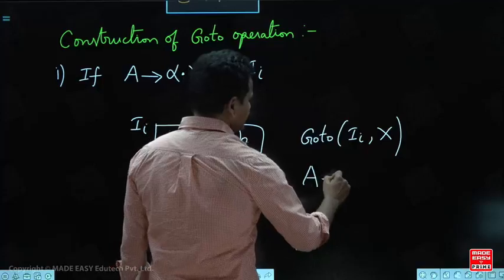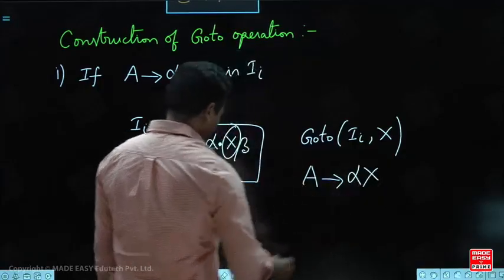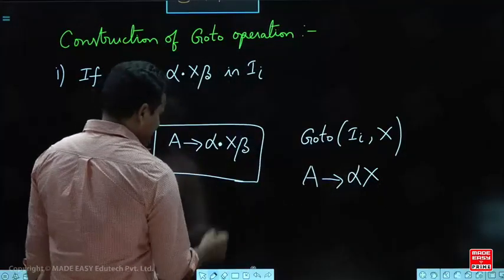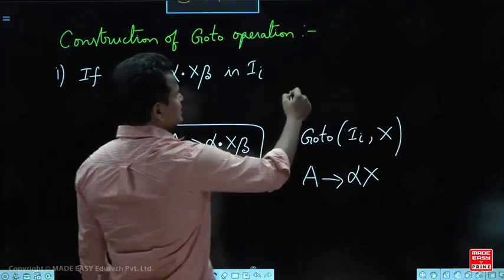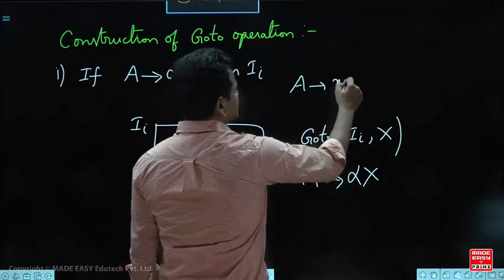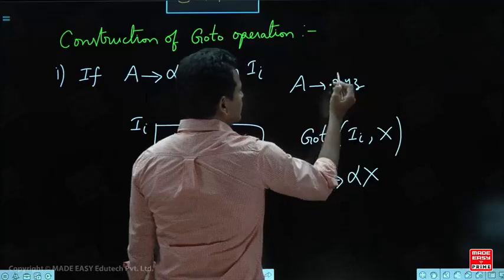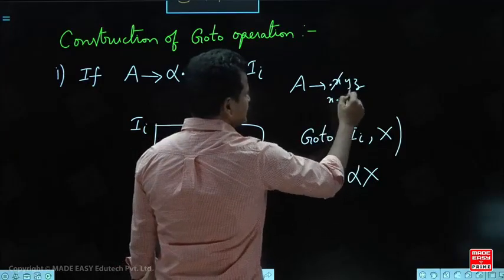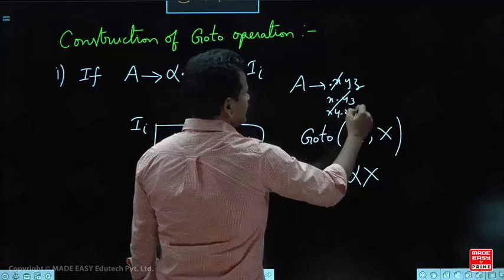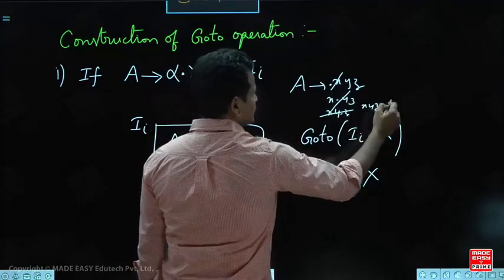Goto means just move the dot. Here the dot is here. Just move the dot one position forward. Initially, I told you there is a production with the dot at the start: ·XYZ, after this X·YZ, after this XY·Z, after this XYZ·.